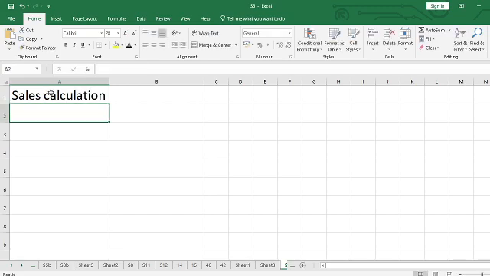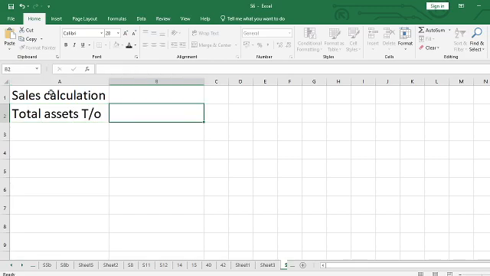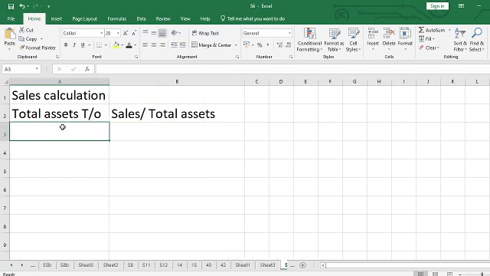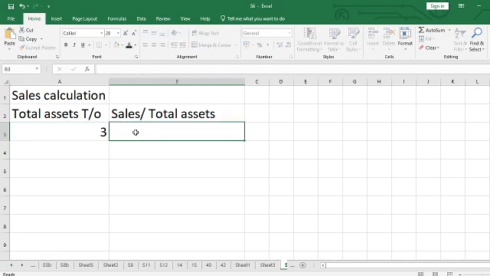So here the total assets turnover ratio is given to you. The formula is sales upon total assets. Now the total asset turnover ratio is given in the problem, that is 3 times, which is equal to sales, we don't know, divided by total assets, given in the problem as 3 lakh.